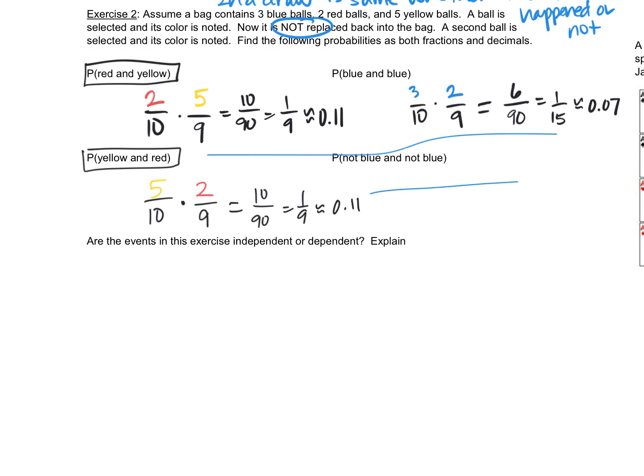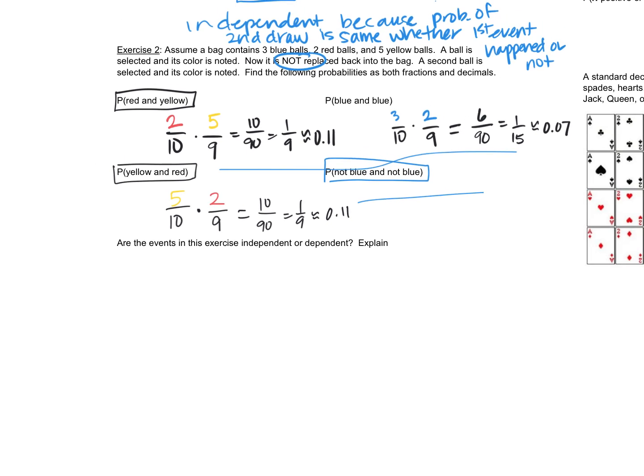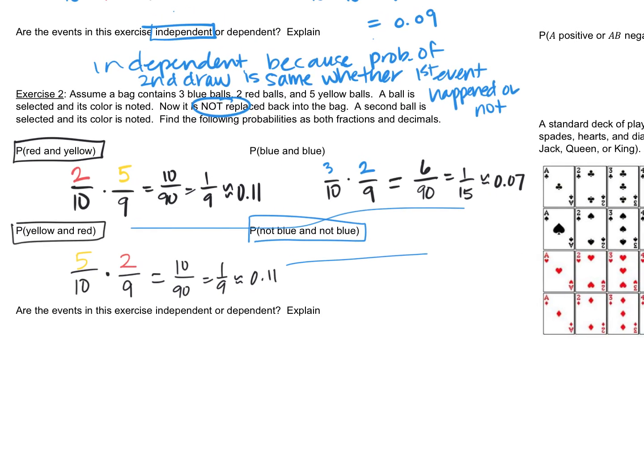Now if we want to be not blue and not blue, so let's think about if we're not blue, then that would mean we're either red or yellow. So there are 7 ways to be not blue, even though I'm drawing this with blue. Once you choose the not blue one, then there's only going to be 6 that are not blue after that out of 9.